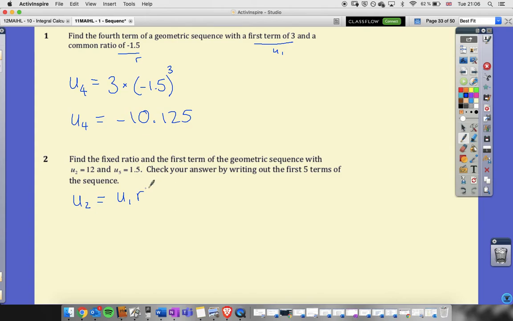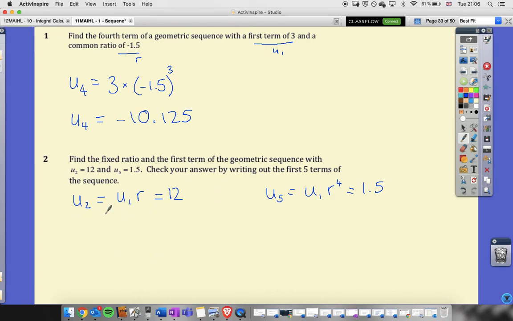So 2 minus 1 is just 1, and we would have got the result 12. u5 would have been found by the same process, but this time n minus 1 would be 4, because we're dealing with the fifth term, and we would get a value of 1.5. Hopefully you're realizing that r must be smaller than 1, because our sequence is decreasing.